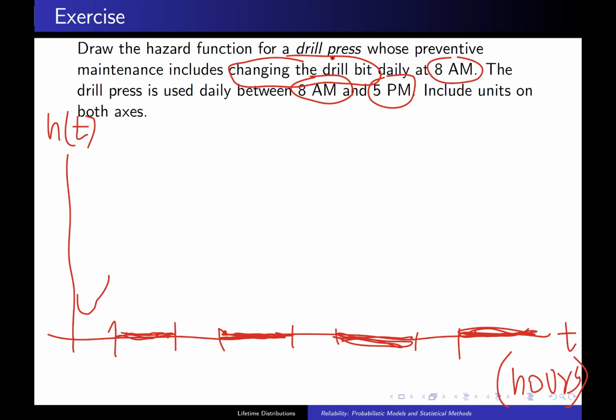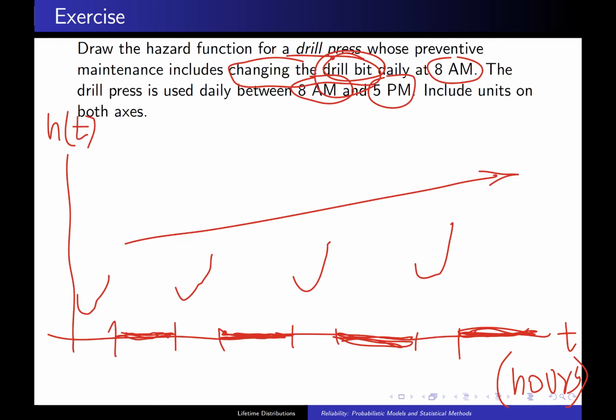Then on the next day it might look like this. Next day might look like this, and the next day it might look like this. You'll notice that I'm putting an increase here because the only preventive maintenance we're doing is changing the drill bit, and we're not looking at the drill press, which means there's an increased risk over time.